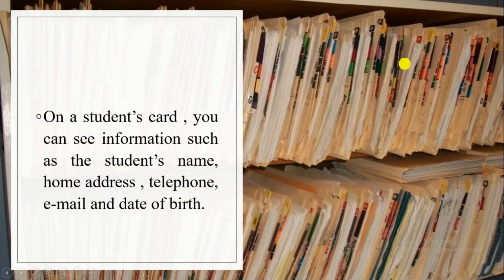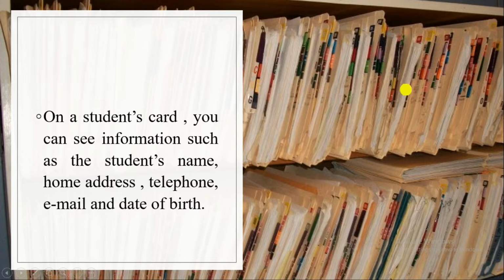Here you can see the picture. There is a file or a card for each and every student. In that file or card, you can see all the information about a particular student. Suppose this one is for Ali Muhammad of grade 5B.